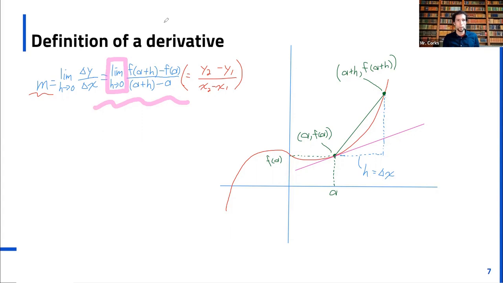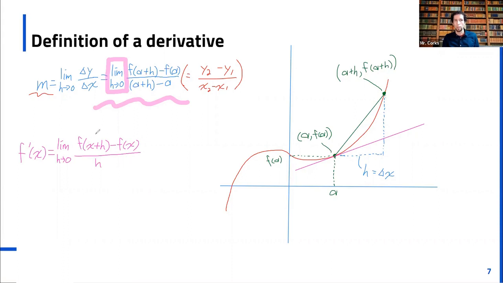If we want to rewrite this in a slightly more general way, then we would write it like this. So f prime of x, that's our derivative, is equal to the limit as h approaches 0 of, instead of f of a particular value, let's just say a general x, f of x plus h minus f of x over, and we would have x plus h minus x. So let's just simplify that and write it as h.